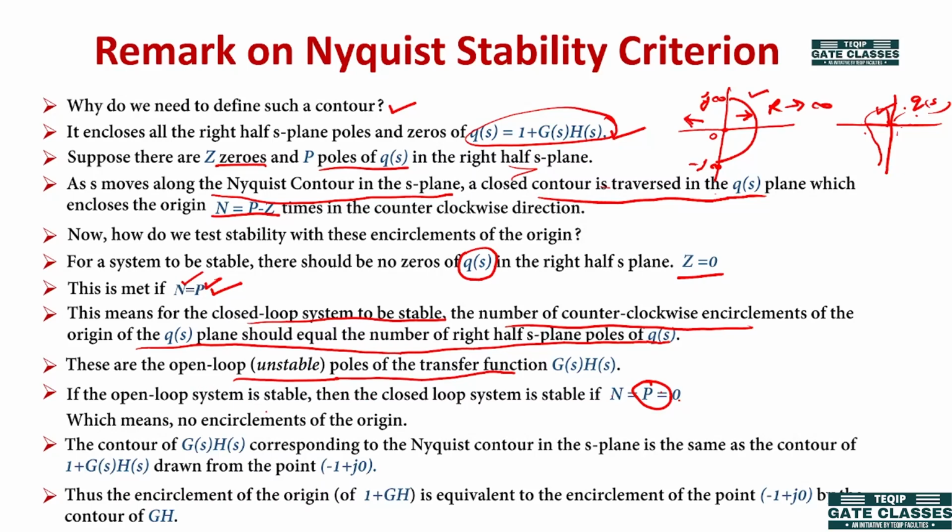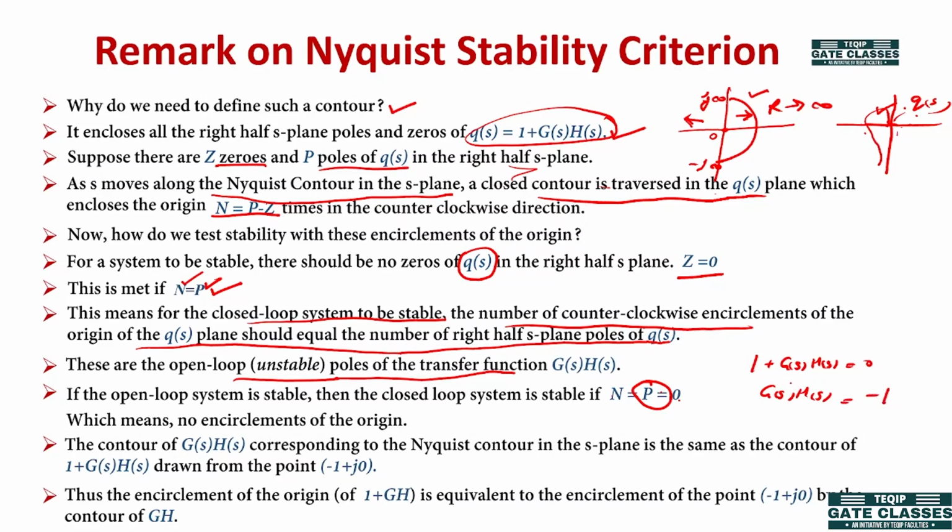The contour G(S)H(S) corresponding to the Nyquist contour in the S plane is the same as the contour 1 plus G(S)H(S) drawn from the point minus 1 plus j0. As we know, the characteristic equation is 1 plus G(S)H(S) equal to 0, or G(S)H(S) equal to minus 1.